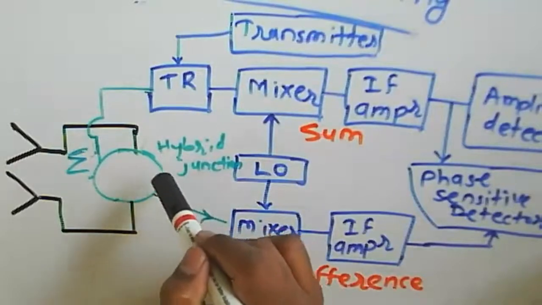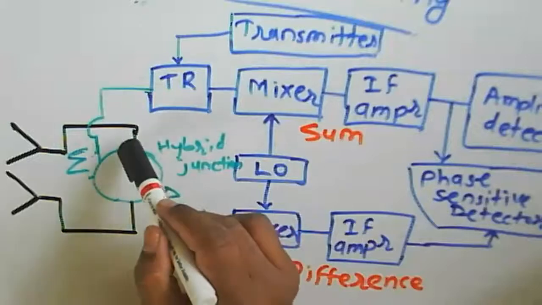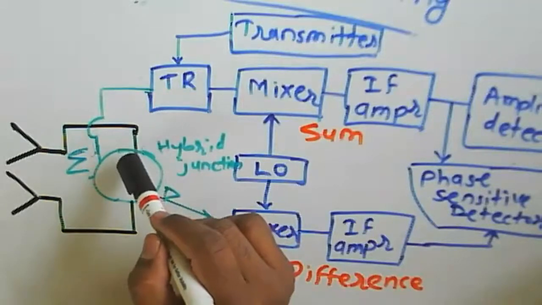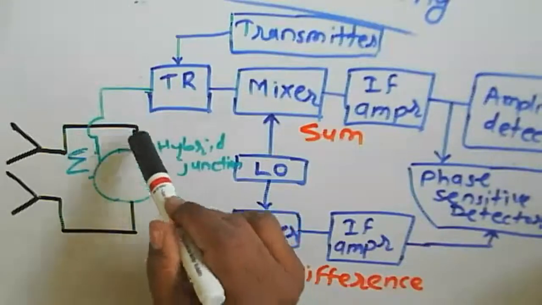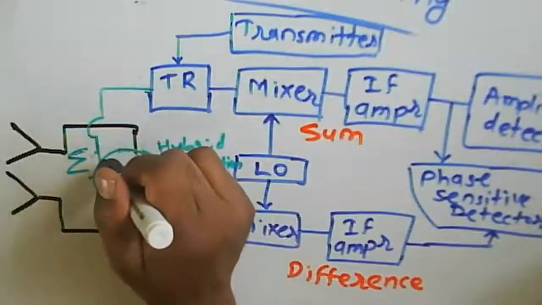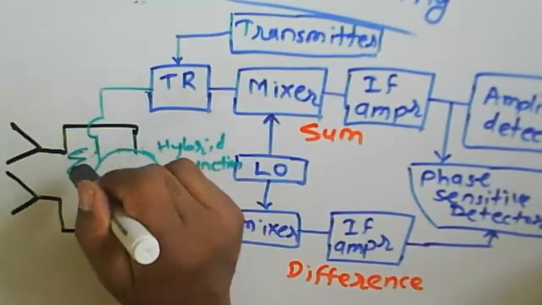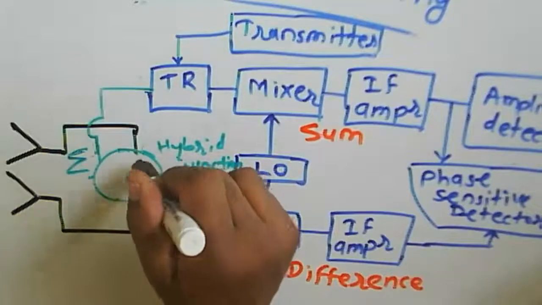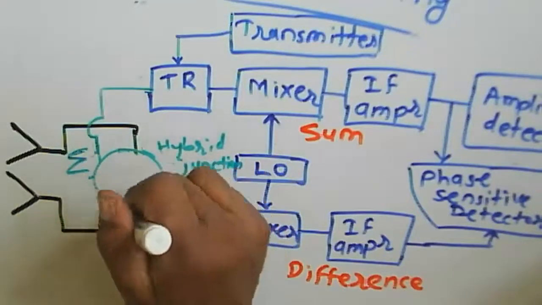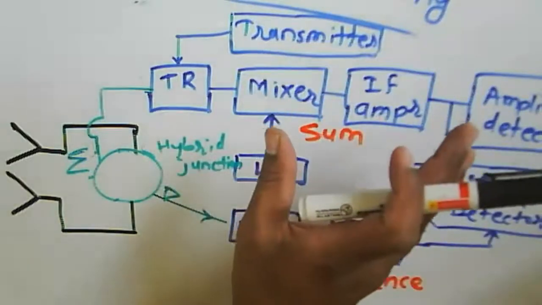And then this summation as well as the difference signal here, as we have said, the information we are getting from the sum channel is the amplitude. But the information we are getting from the difference channel will be phase as well as amplitude.